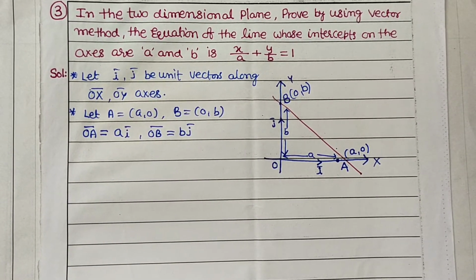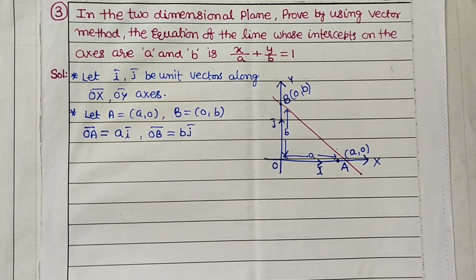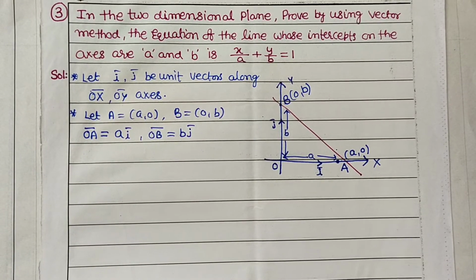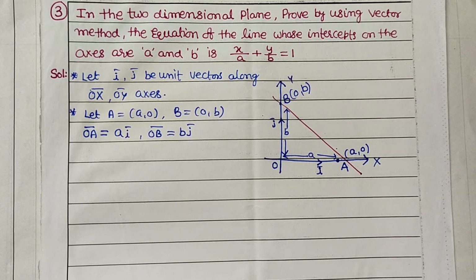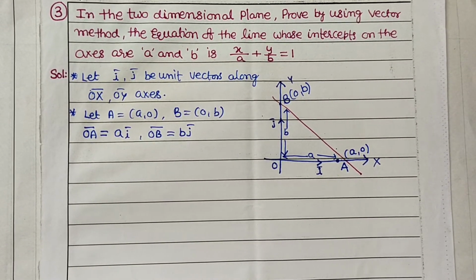After that, the equation of a line passing through the 2 points A and B in the vector form.